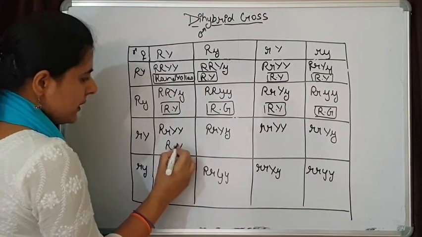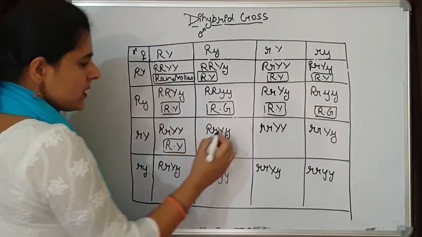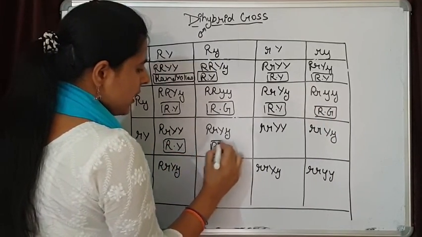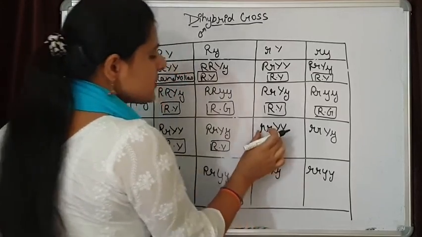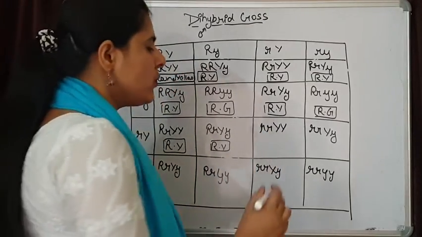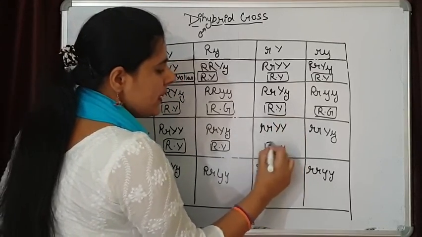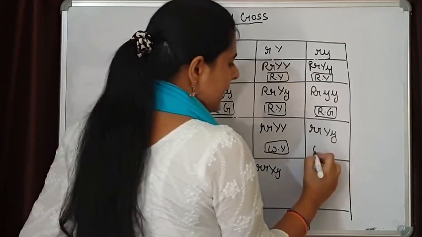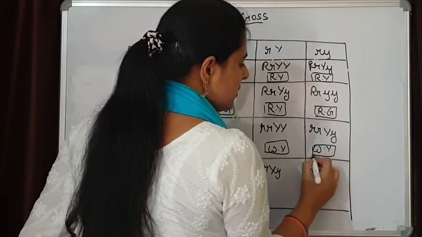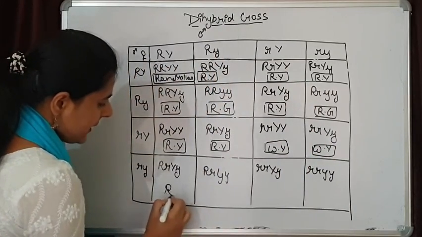This is also round yellow because both R and Y are capital. Here also R and Y are capital, so round yellow. Here small r is present. Small r was for wrinkled, so it is wrinkled, while Y is capital, so wrinkled yellow. Again wrinkled yellow. This is round and yellow.